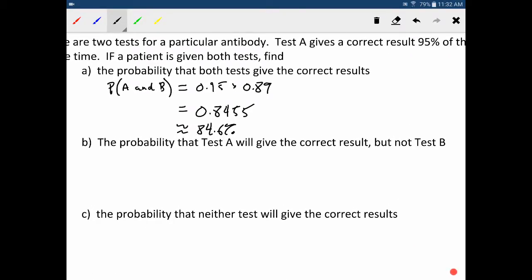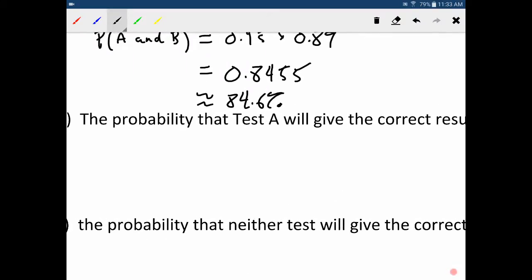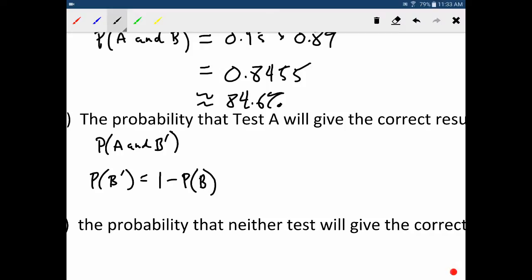So what is the probability that test A will give us the correct result, but test B will not give us the correct result? What we're looking for is the probability of event A occurring and event B not occurring. That was a notation we did earlier. It is also worth noting that the probability of event B not occurring is going to be 1 minus the probability of event B occurring.